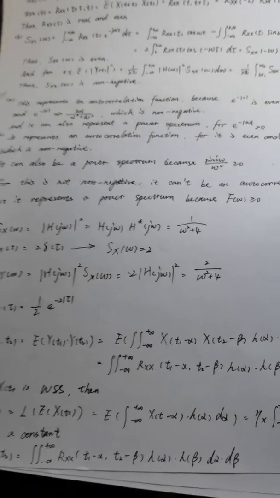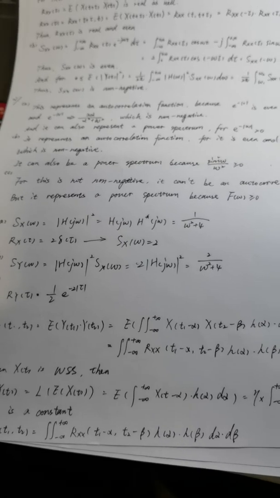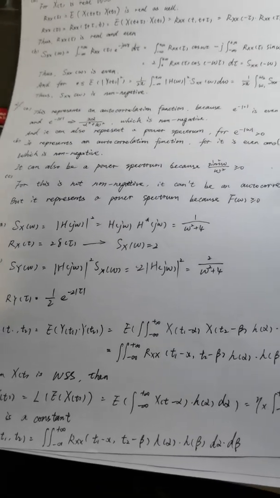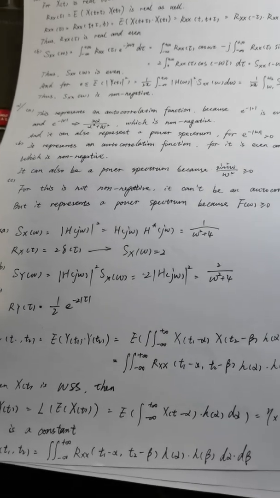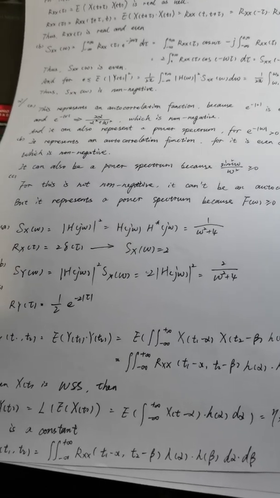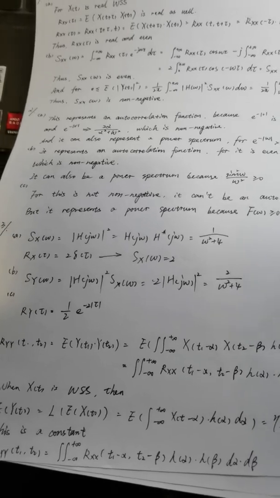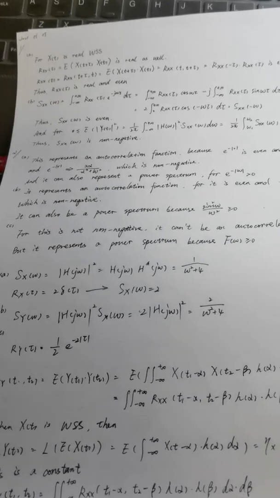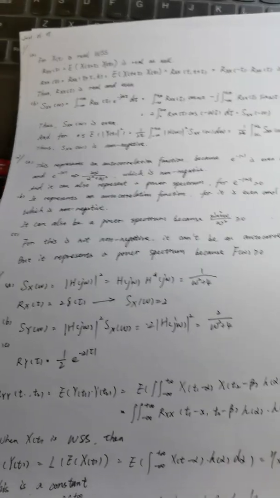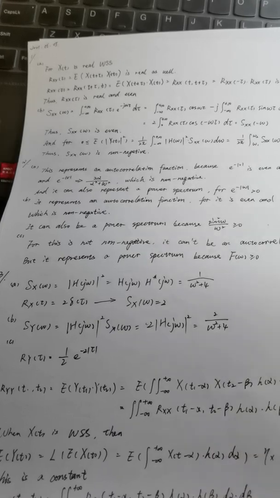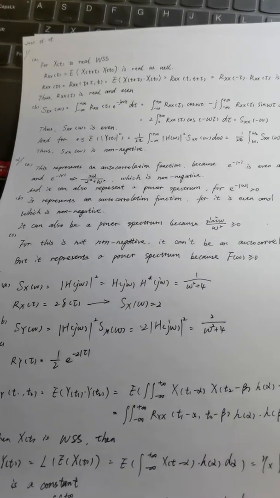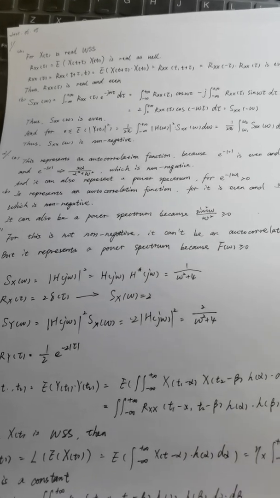And for the last one, we need to prove that f(v) equals 1 when the absolute value of v is smaller or equal to alpha, and for the other parts, it equals 0. And it cannot represent an autocorrelation function because its Fourier transform is 2 multiplied by sine alpha omega divided by omega, which is not non-negative.